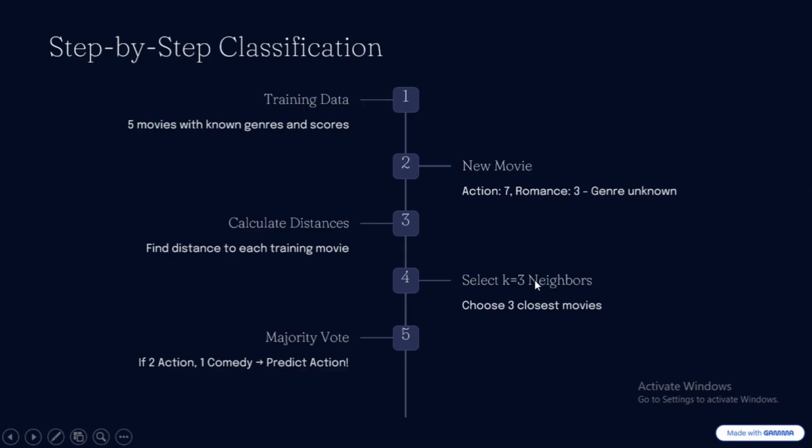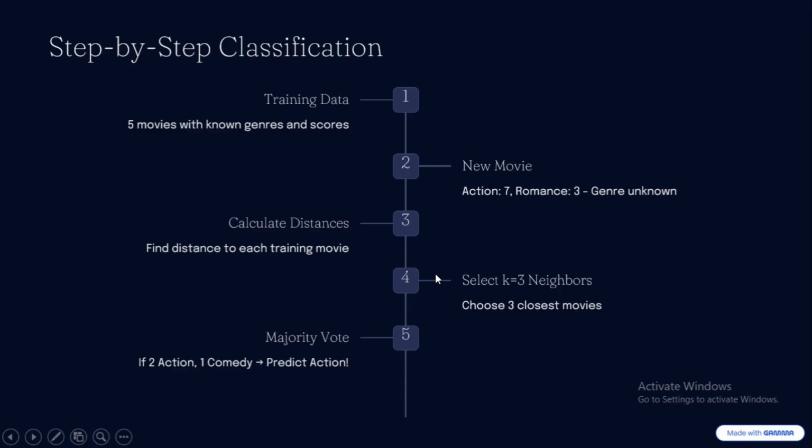From the table, 2 neighbors are action, 1 neighbor is comedy. So, the majority vote wins. Final prediction, action movie. This diagram clearly shows how numbers become distances, distances become neighbors, neighbors become decisions.